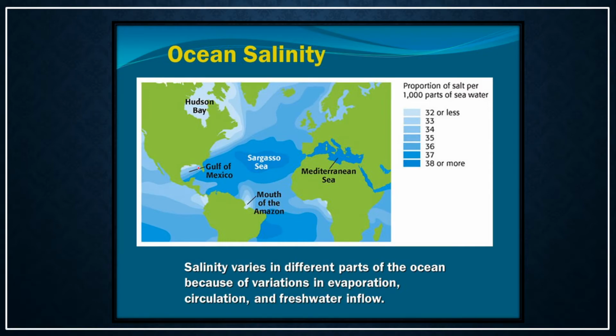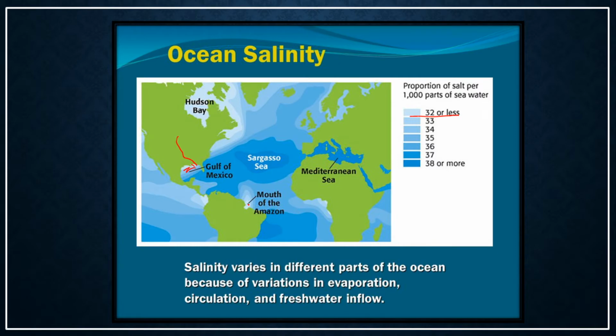So places where rivers, like here the Mississippi River, come and flow through the United States and fall into the Gulf of Mexico. You can see over here, this area is having a very light color, which is an indication that the salinity is pretty low.